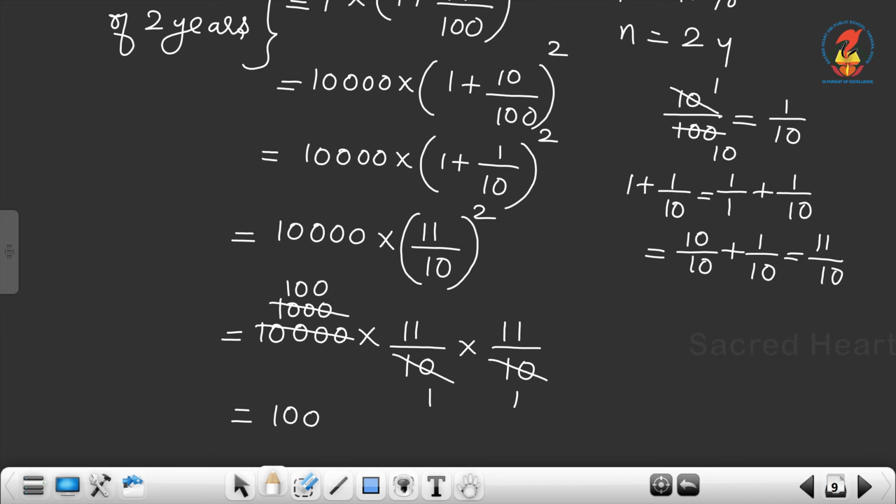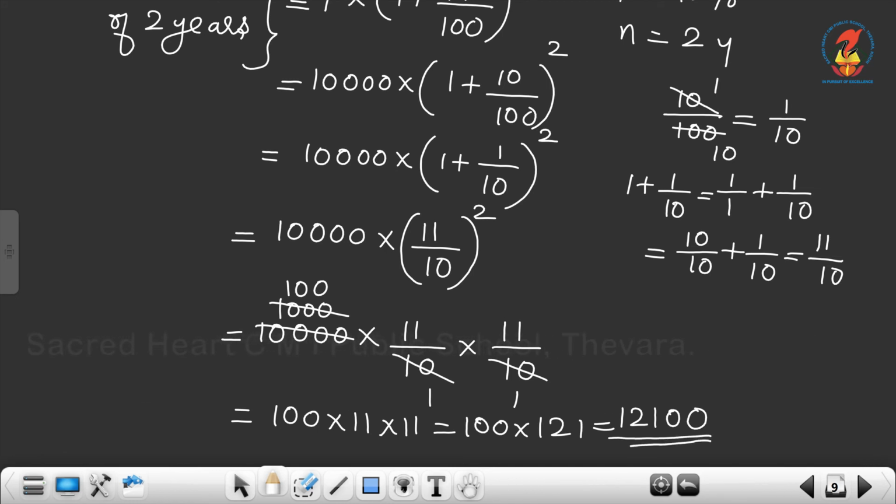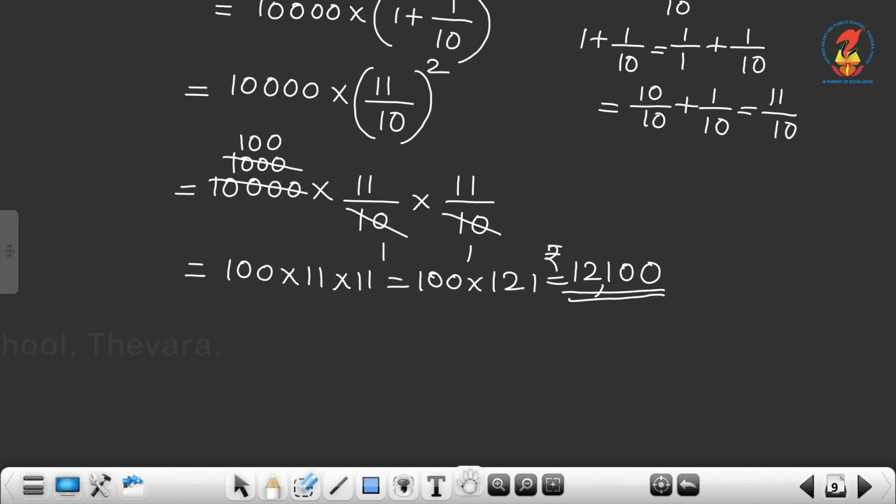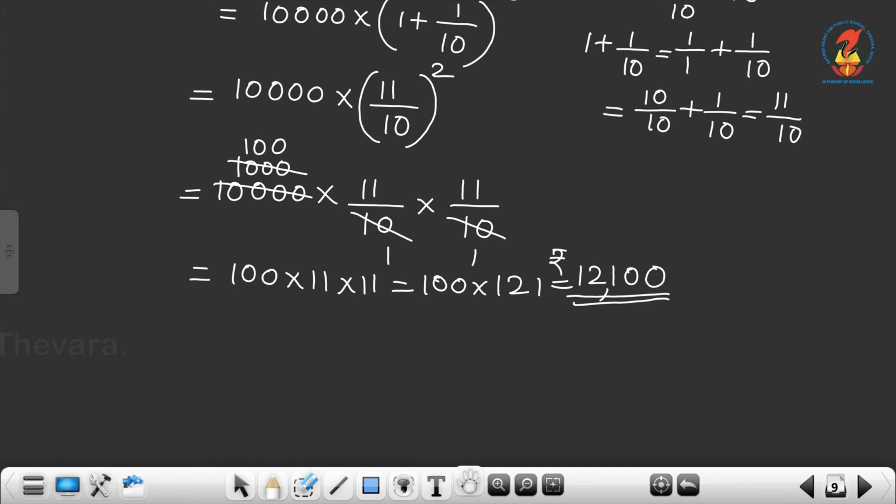So 100 into 11 into 11, 121. So we will get the amount as 12,100. That is the amount at the end of 2 years.